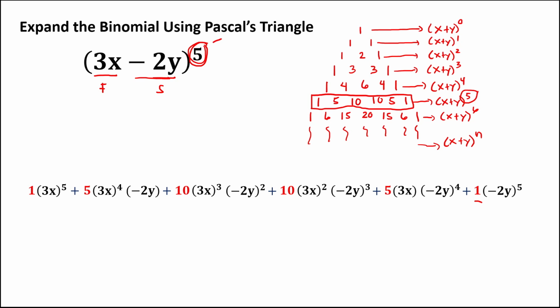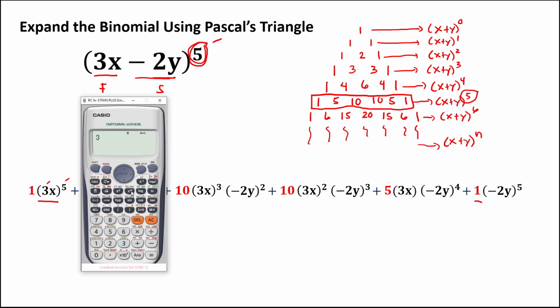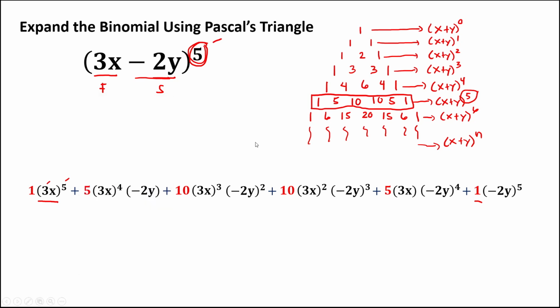Then after putting all the values in every term, we need to simplify. So for the first term, 3x to the power 5, we have 3 to the power 5, that's 243. Then x to the power 5, then plus, bring down this 5, then times 3 to the power 4.